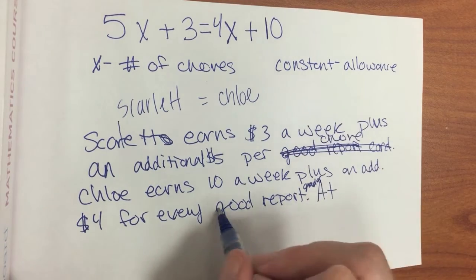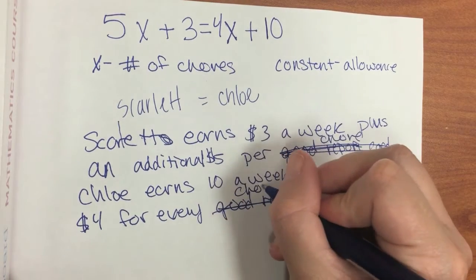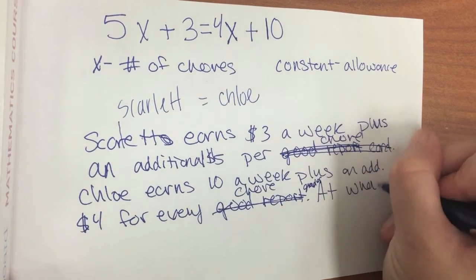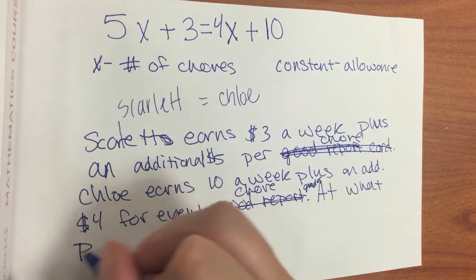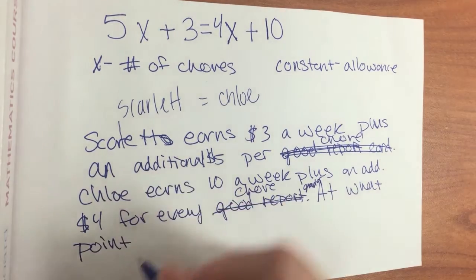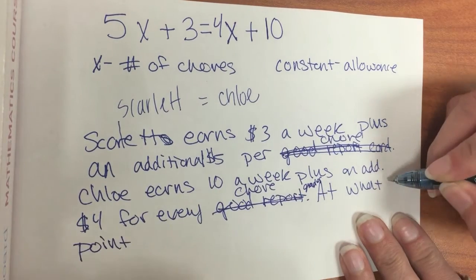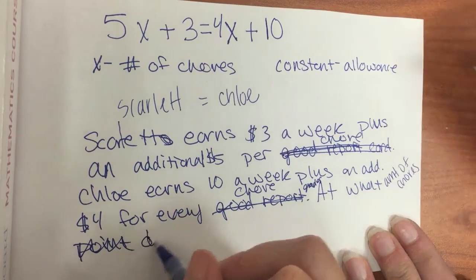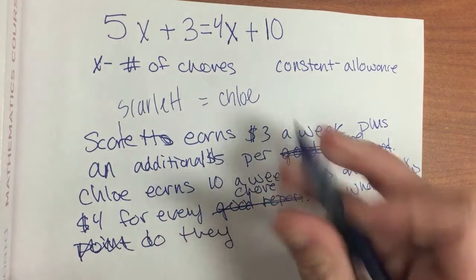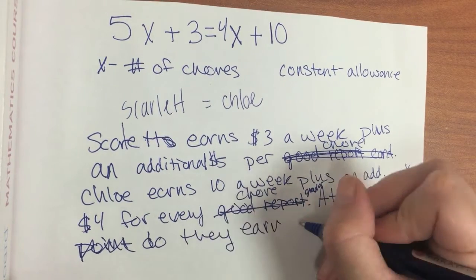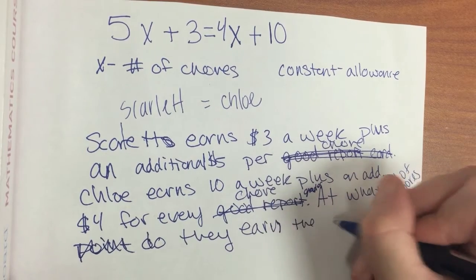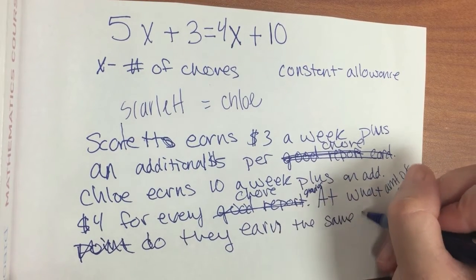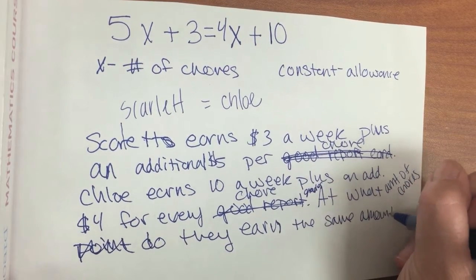So at what point will they earn the same amount? At what amount of chores do they earn the same amount of money? Now, that would have been really great, the whole report card thing, but it didn't make sense. So we have to go back, and that's okay.